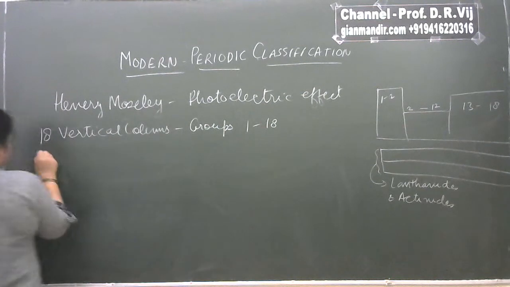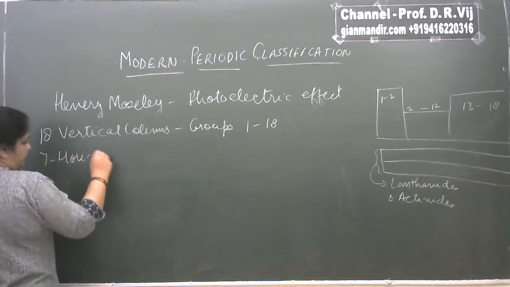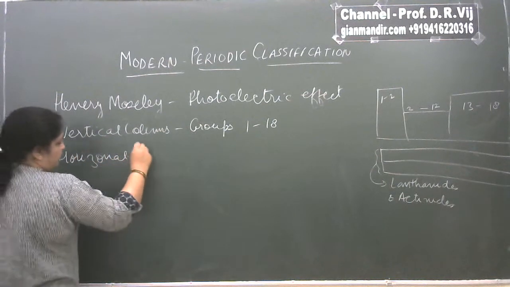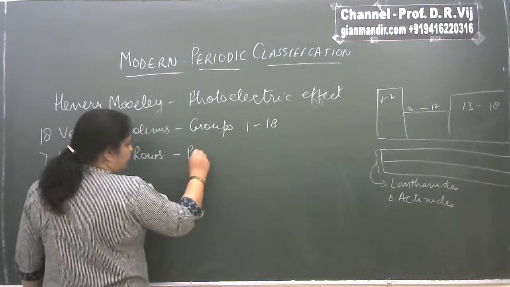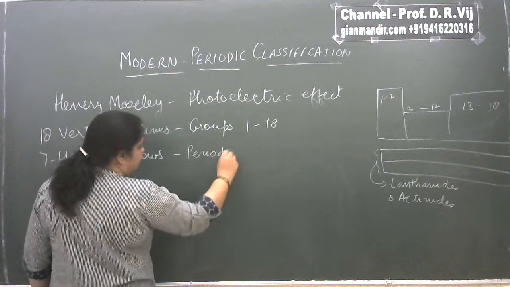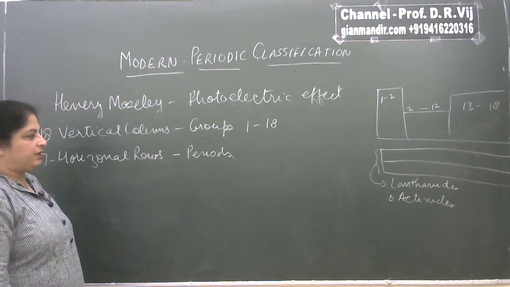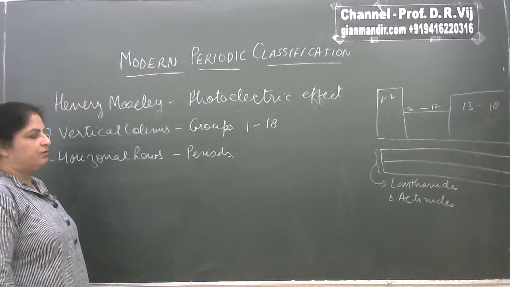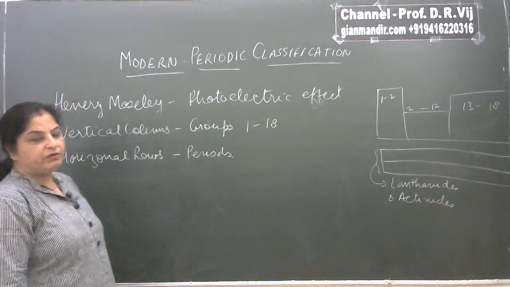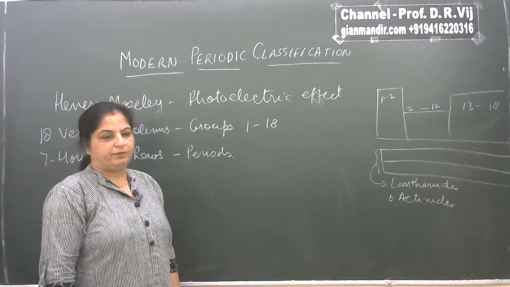And then there are 7 horizontal rows, and these are known as periods, right? So that is the basic arrangement of elements in Moseley's periodic table, or modern periodic table, which is also known as the expanded or long form of the periodic table.